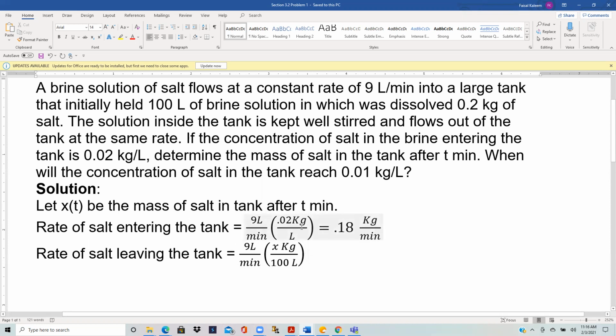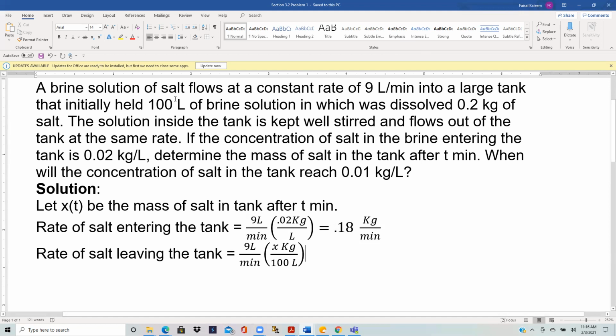Because these two quantities were the entering quantities. Now similarly, let's calculate the rate of salt leaving the tank. We are told that the inflow rate is the same as the outflow rate.